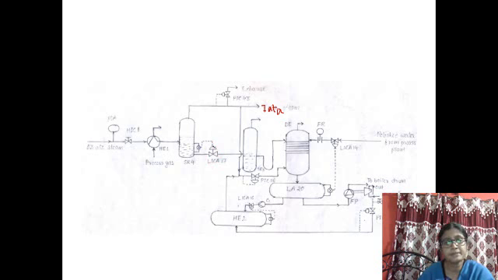If the valve is air failure to open type, what will happen? Air failure to open type means when the air signal fails to reach the final control element due to instrument failure, the valve remains open.